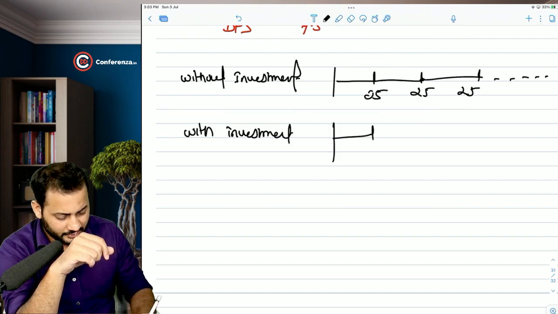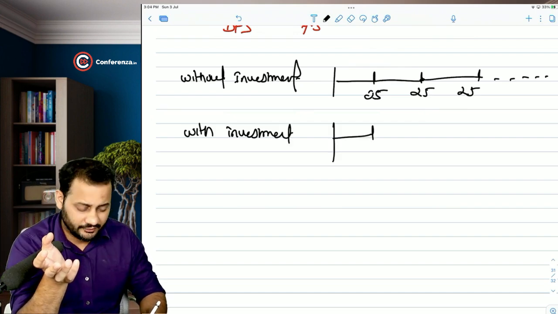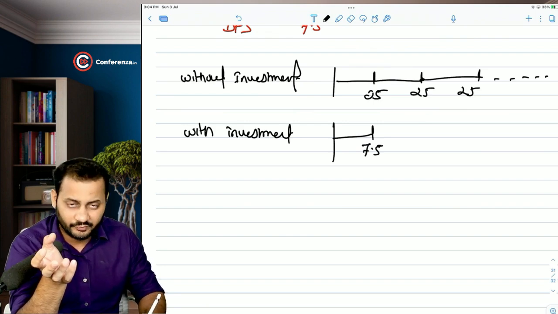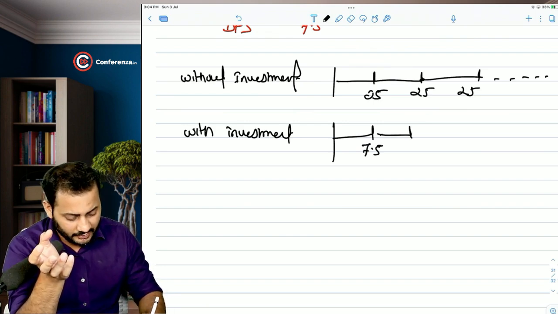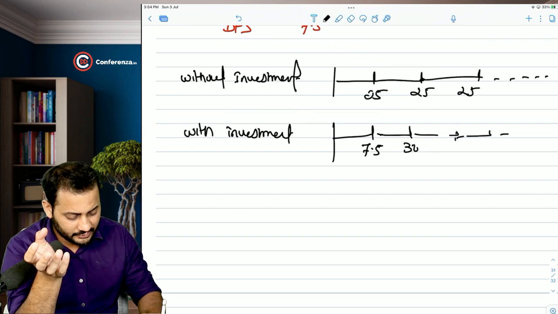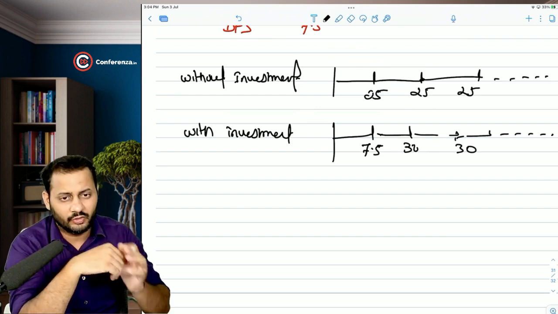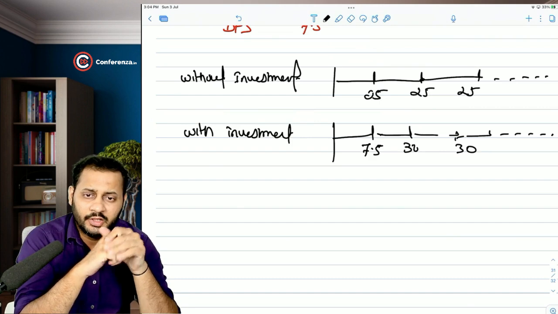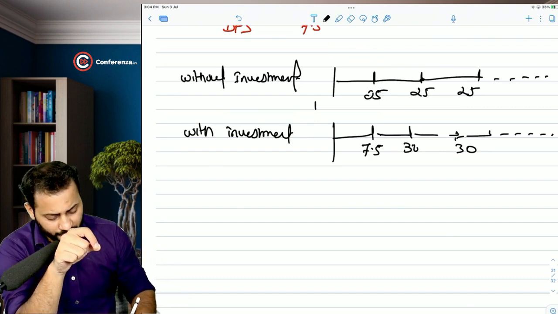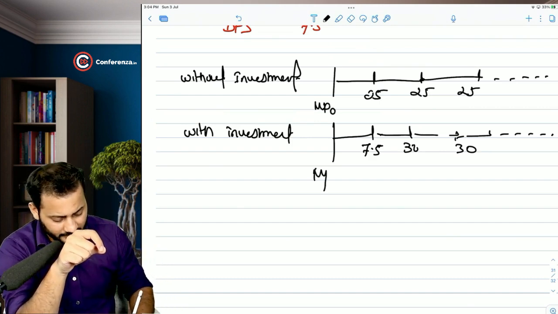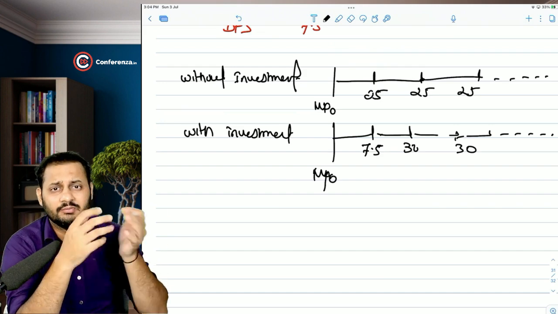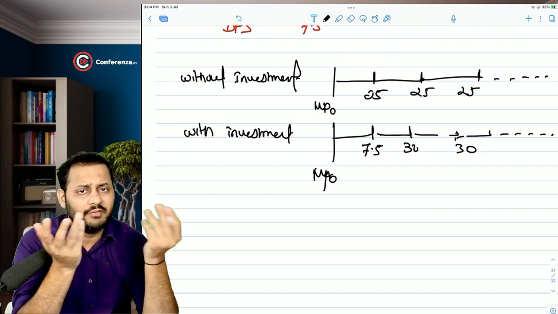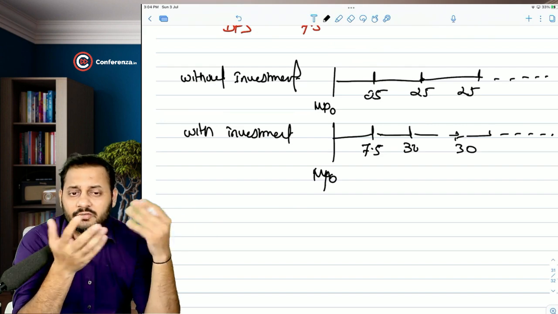You will not get 25 rupees dividend, but only 7.5 rupees, and thereafter you will start getting 30 rupees as the dividend every year. What option will you choose? In both cases, you should calculate the market price at time 0. In whichever case the market price is higher today, an investor will choose that option.